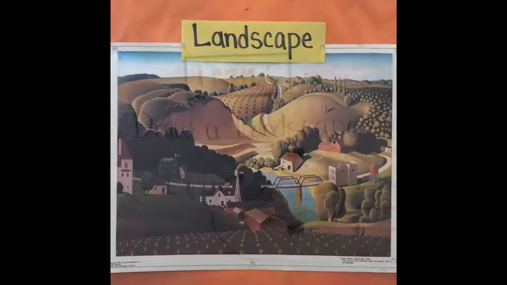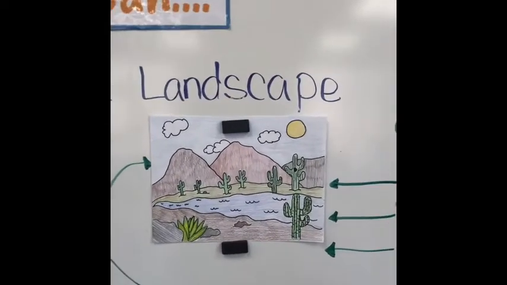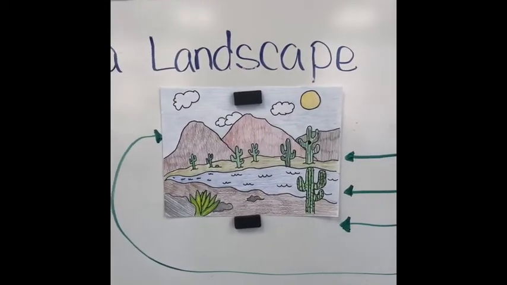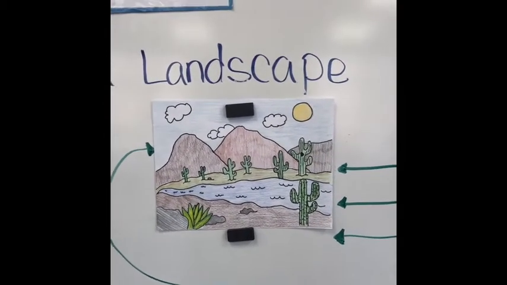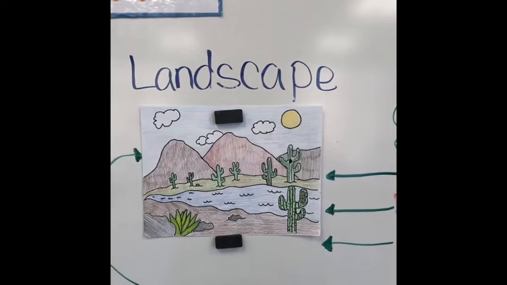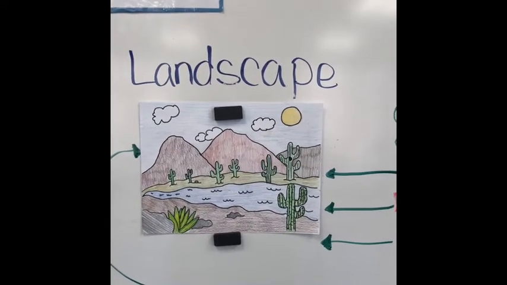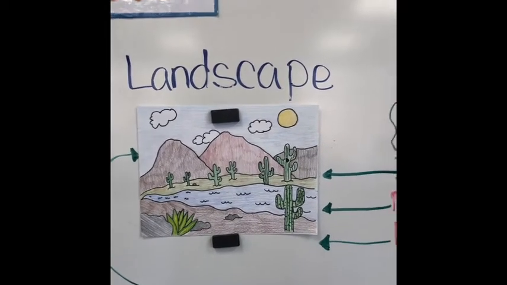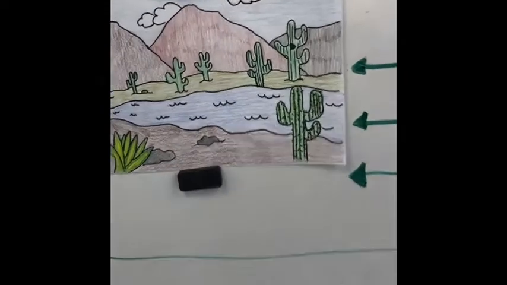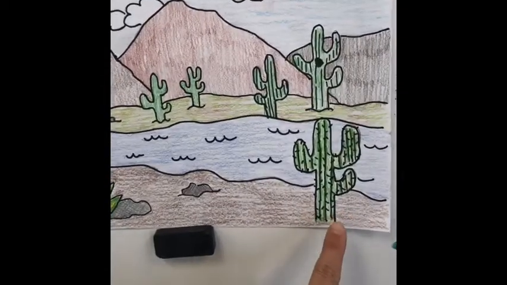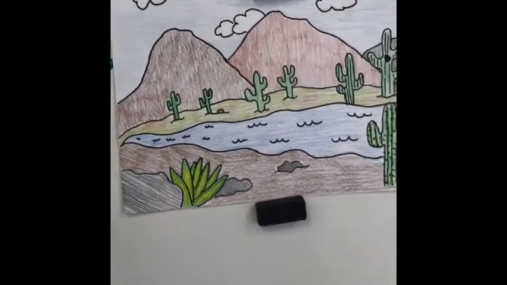Let's get started. For your landscape today, you are going to focus on a couple key parts. You can see where I've incorporated a desert landscape. You can change up your idea, but the one thing I really want you guys to be able to do is show the distance. So in my picture, we have in the foreground, that is the front right here, the biggest cactus, we have a big rock and an agave plant.